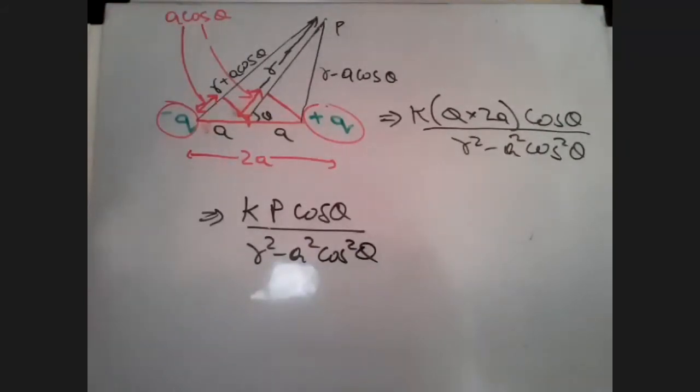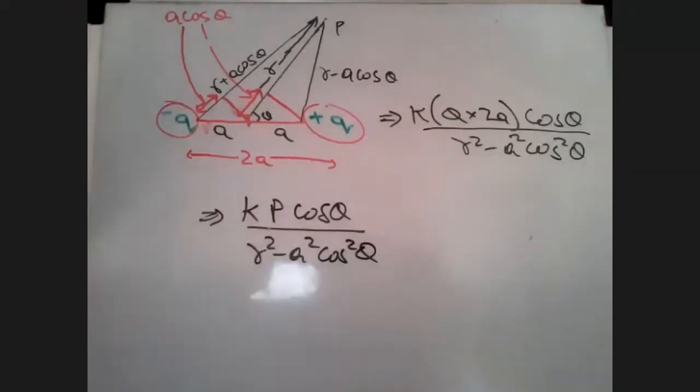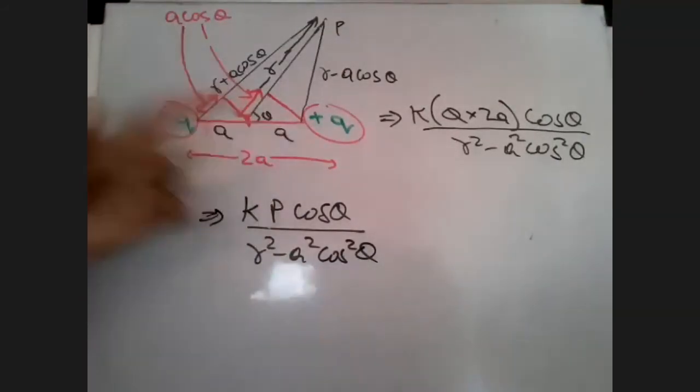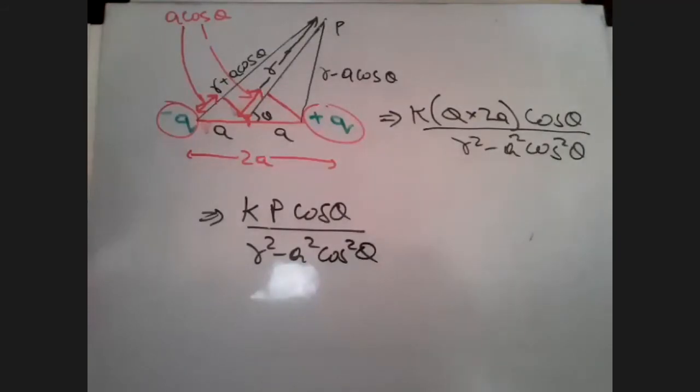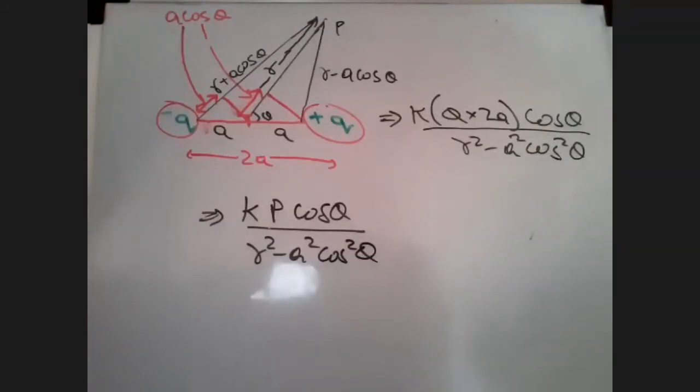Now, one interesting thing. See, kp cos theta upon r square minus a square cos square theta. If I take this point P to such a level where r is extremely high in magnitude, higher than this a cos theta, a cos theta basically becomes negligible.